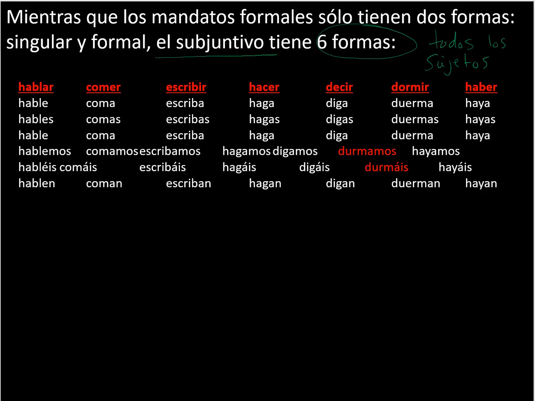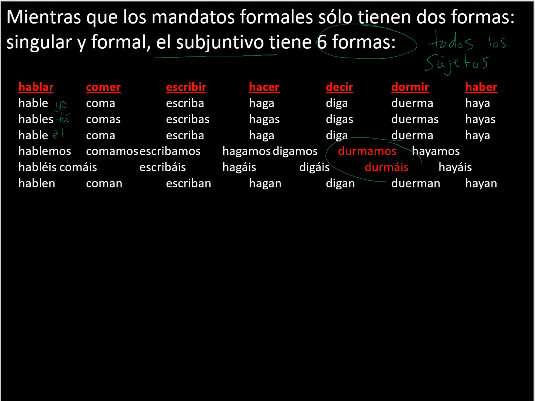Hable, hables, hable, hablemos, habléis. Sorry about that format there, but probably I pulled it from a Mac. So, hable, this is going to be your yo. Tú hables. Él, ella, usted hable. Nosotros hablemos. Vosotros habléis. Y ustedes hablen.